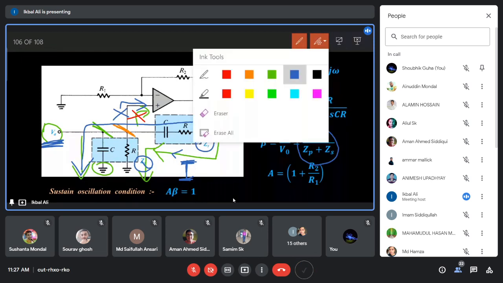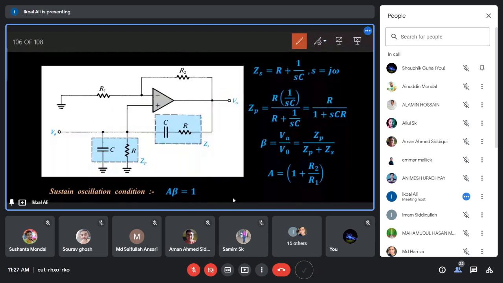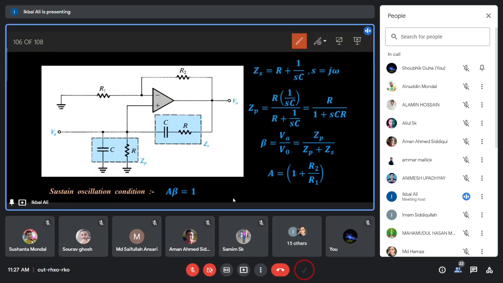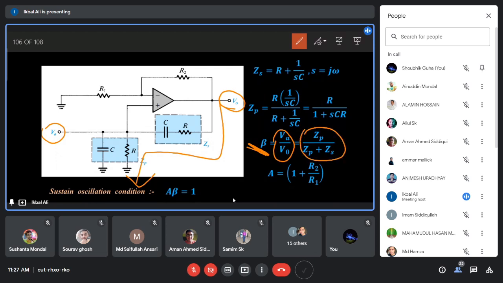That will be the equation to calculate beta. So what is the feedback factor beta? Beta is nothing but feedback voltage VA divided by V0, and in this analysis, taking a current, we can calculate this VA by V0 ratio, and I have shown how to calculate it. So you will obtain ZP by ZS plus ZP. So this is your beta.